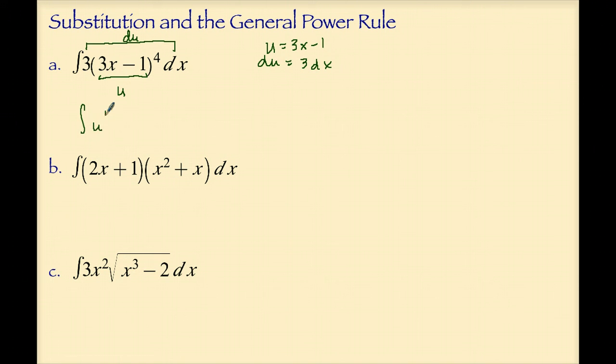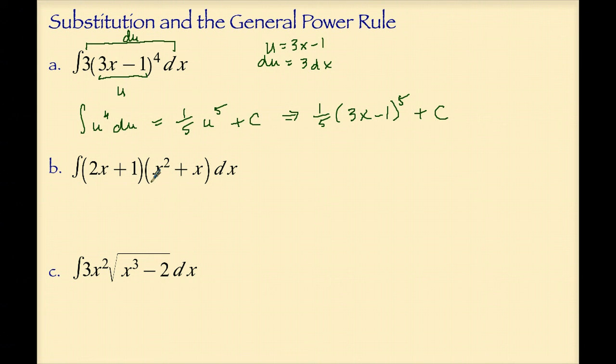We'll have u to the 4th du, which integrates in this way: 1/5 u to the 5th plus c. Now replace u with the original expression, and we have 1/5 (3x minus 1) to the 5th plus c. Now let's look at the next integrand.